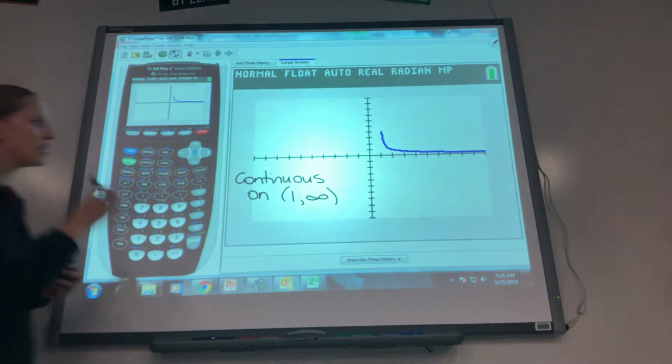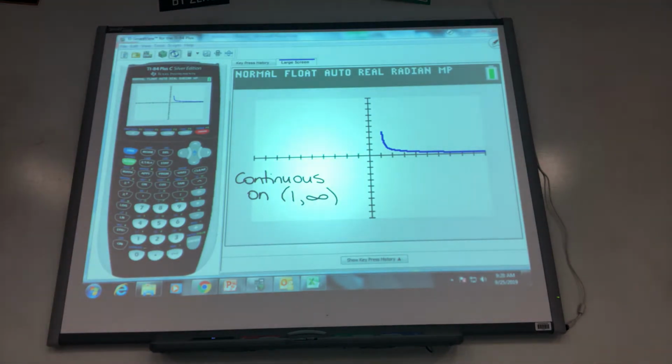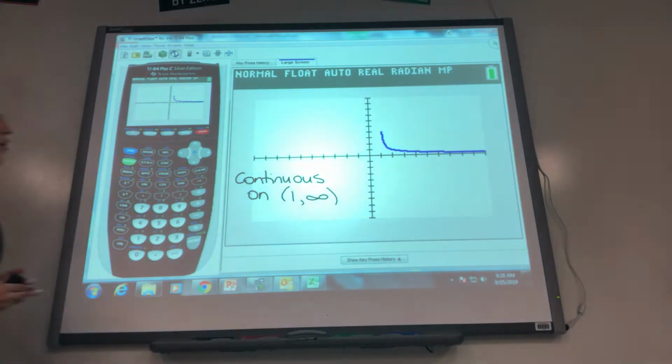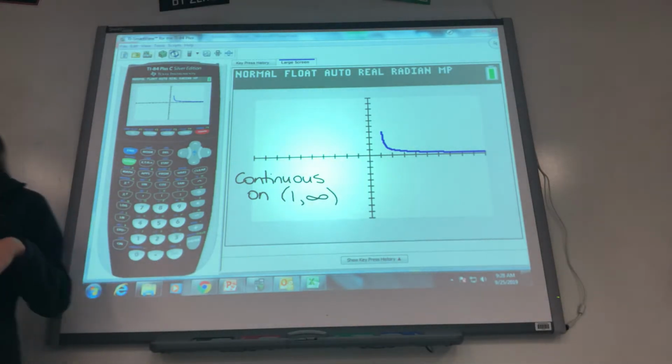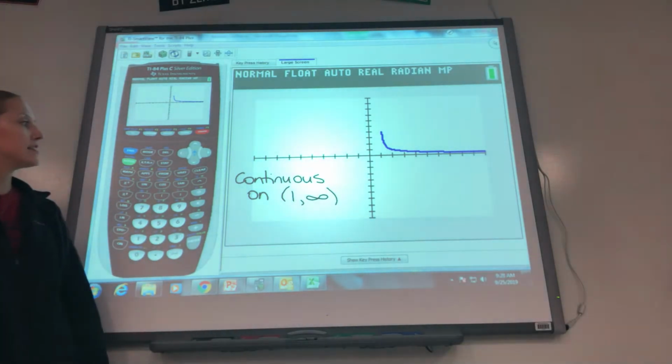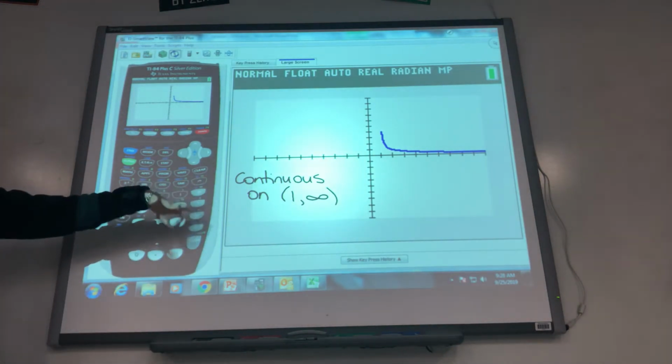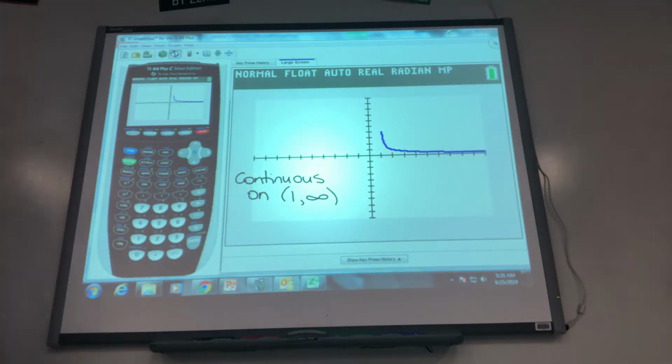So that would end up being 1 to infinity. Remember, with infinity, we always use parentheses. Negative infinity, you'd use parentheses too. So that's just describing the interval on which it's continuous.